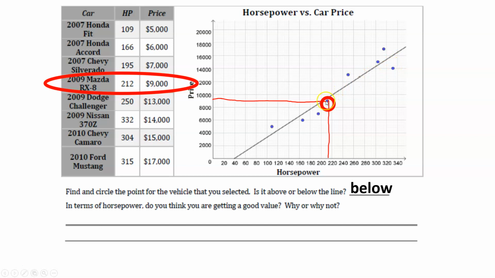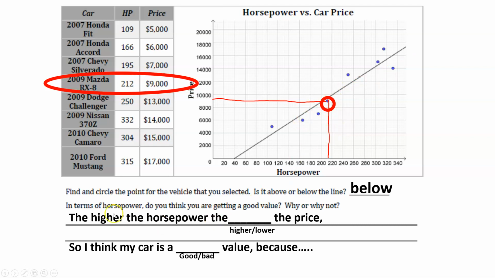So if I can get something that's below that line, that's probably a good deal. But here's a sentence starter. It says, the higher the horsepower, the blank the price. So what do you notice about the price? So I think my car is a good or bad value because, so for me, I think the higher the horsepower, the higher the price. So I'm going to fill that in.